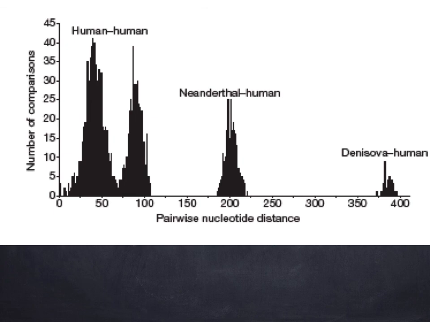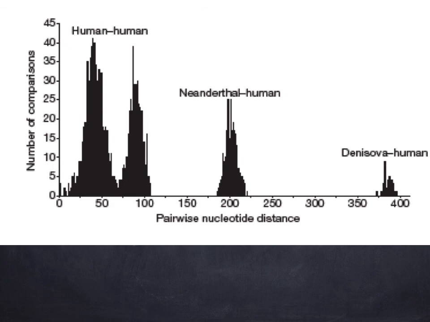If you compare two people from the same people group, let's say two people from China or two people from Peru, then you are going to see that on average they have somewhere in the neighborhood of 40 to 50 differences. Do you see that peak for that portion of the graph?